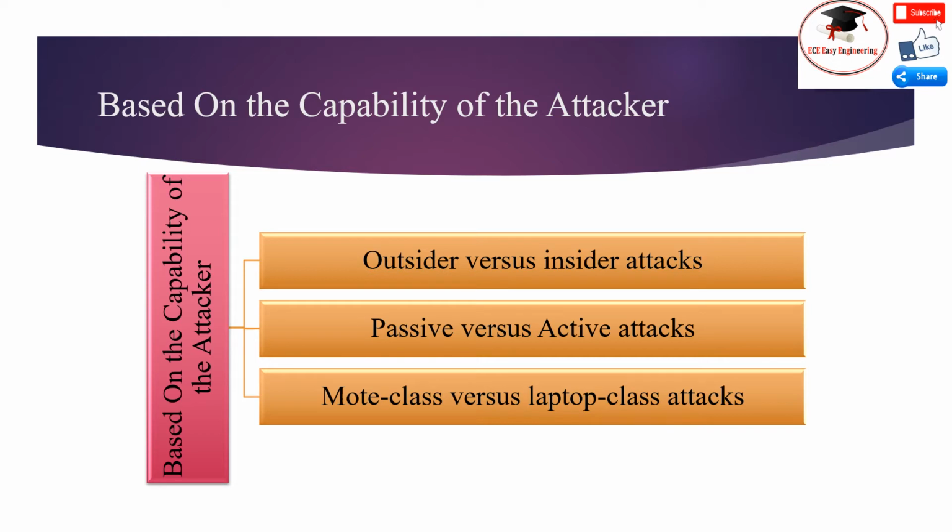Passive versus active attack. Passive attacks include eavesdropping on or monitoring packets exchanged within a wireless sensor network, whereas active attacks involve some modification of the data stream or the creation of a false stream.